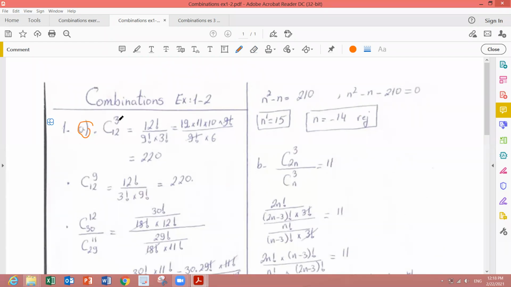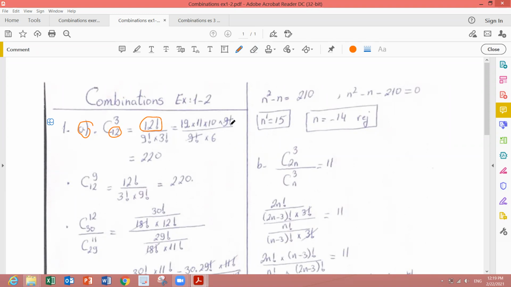12, I need to choose 3. It is equal 12 factorial over the difference 12 minus 3 is 9 factorial over 3 factorial. Now 12 factorial and 9 factorial we can simplify by changing 12 factorial and write it in the form of 9 factorial. 12 factorial is 12 times 11 times 10 times 9 factorial.